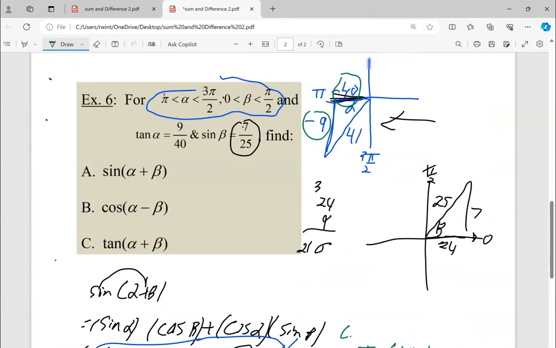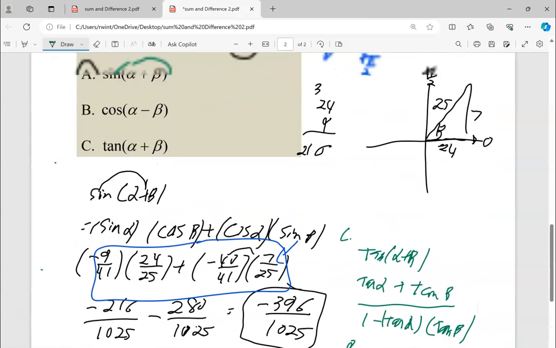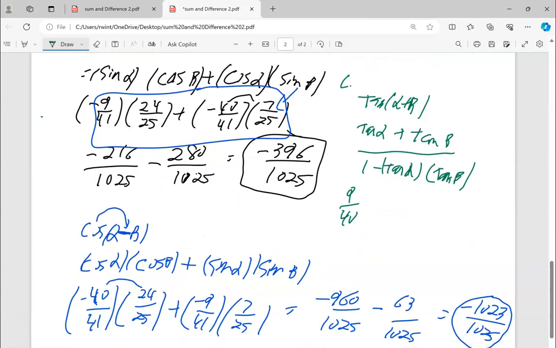Let's check that just to be safe. Correct. Tan B, 7 over 24. And then on the bottom, 1 minus 9 over 40 times 7 over 24.